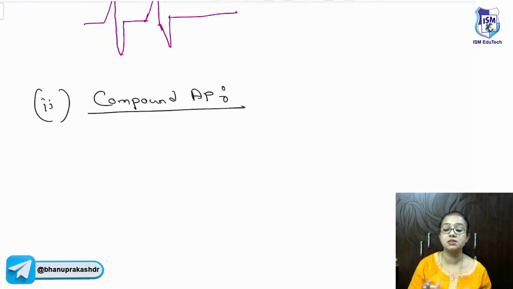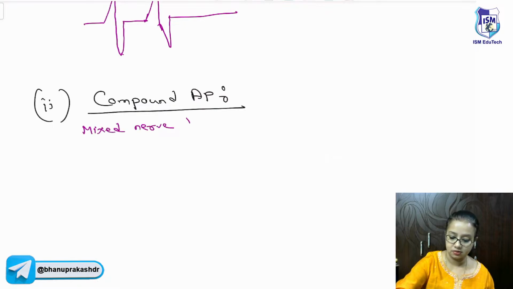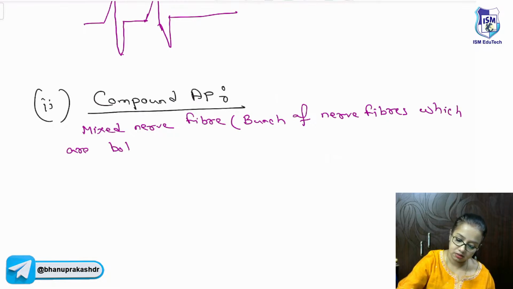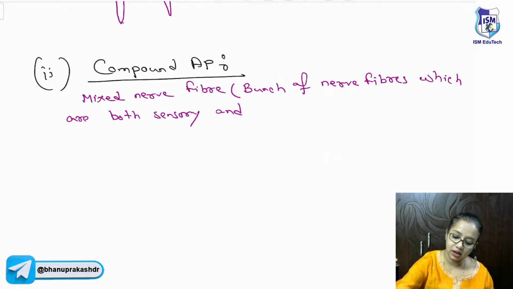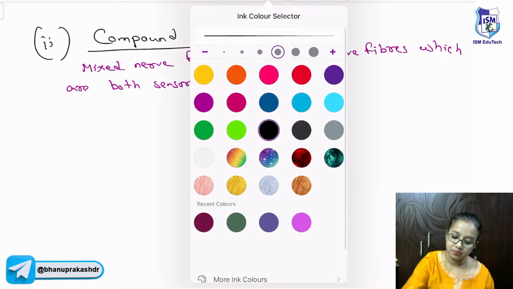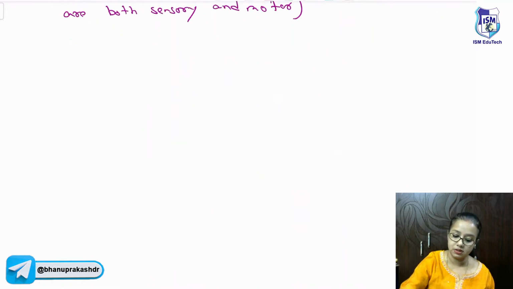When a mixed nerve fiber, like a bunch of nerve fibers which are both sensory and motor in function, can show two peaks.